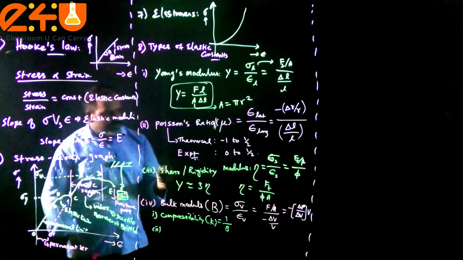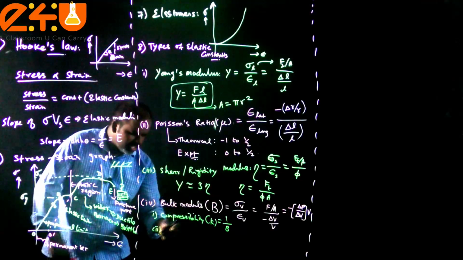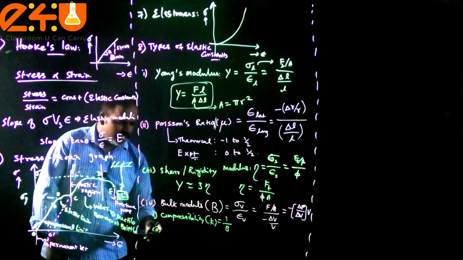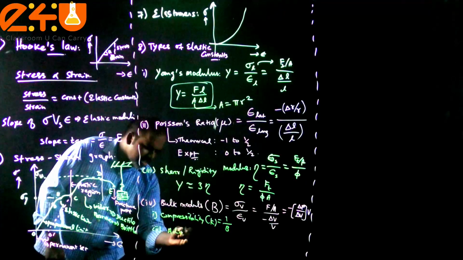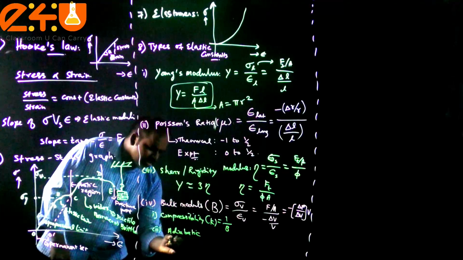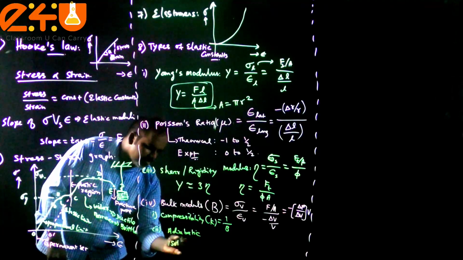In thermodynamics, we will discuss that there are two main thermodynamic processes. One is called adiabatic and another one is the isothermal process.